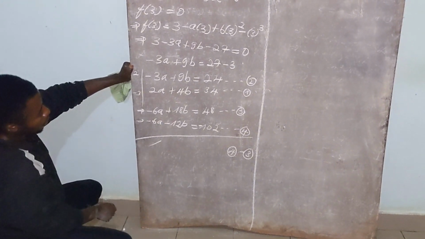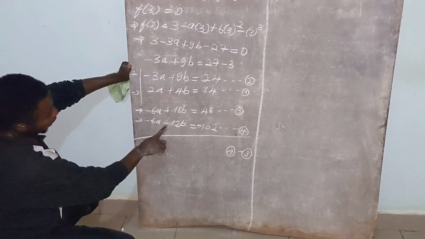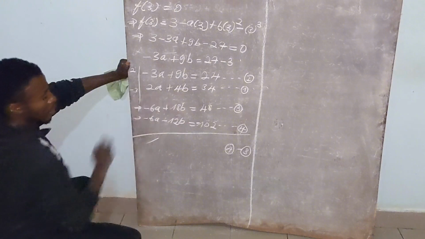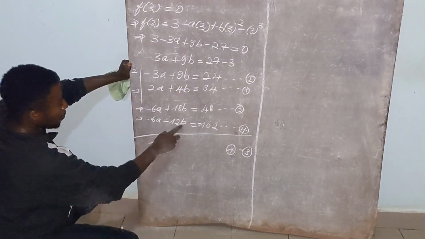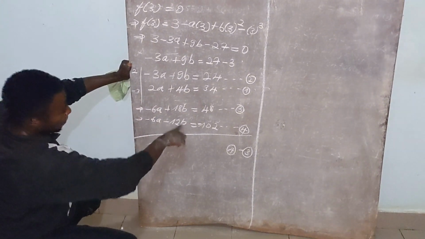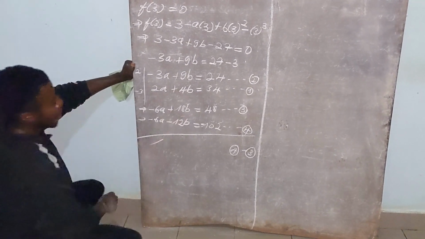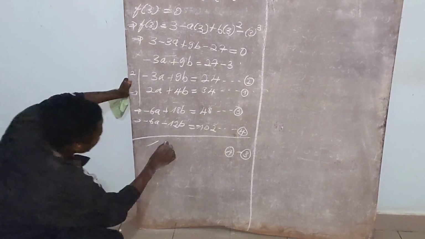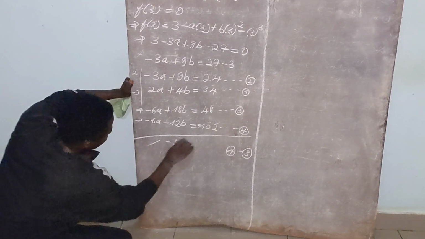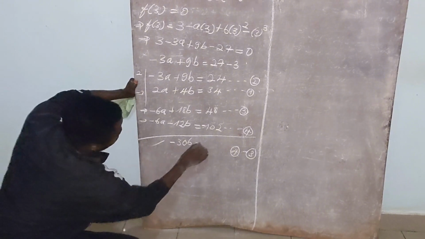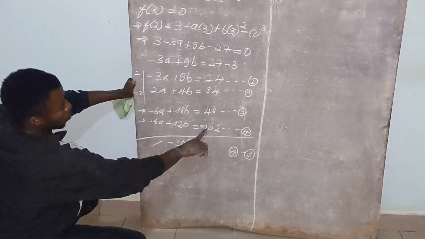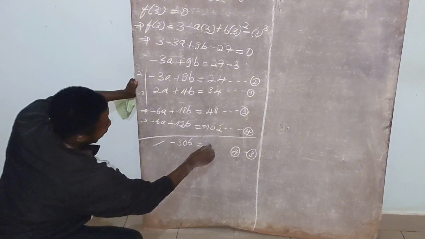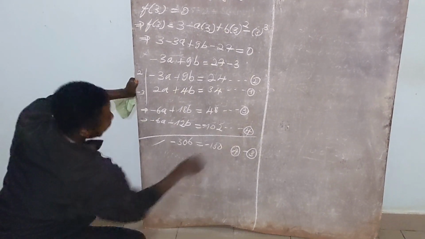So I'm going to take now minus 12b minus plus 12b. Therefore it is minus 12b minus 18b. We are going to have minus 30b here, which equals, using minus 102 minus 48, minus 150.